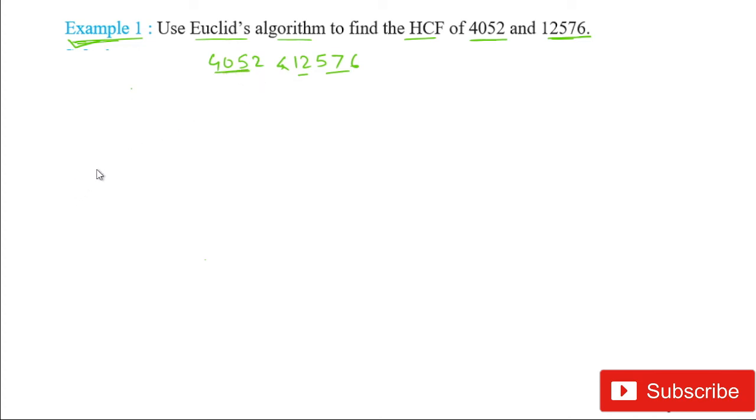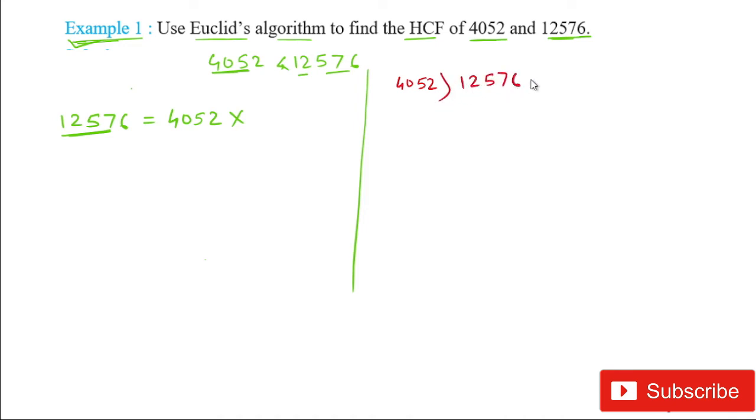So for making it the form of Euclid's algorithm, we will write 12576 is equal to, this is our dividend and this is the divisor. So 4052 is the divisor, we'll multiply it by some value, we'll calculate how it comes. Now we'll divide 12576 by 4052.